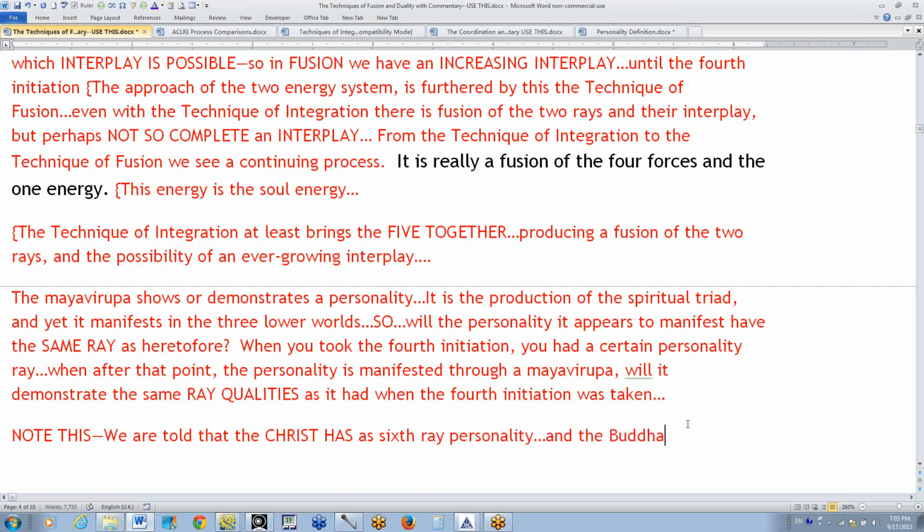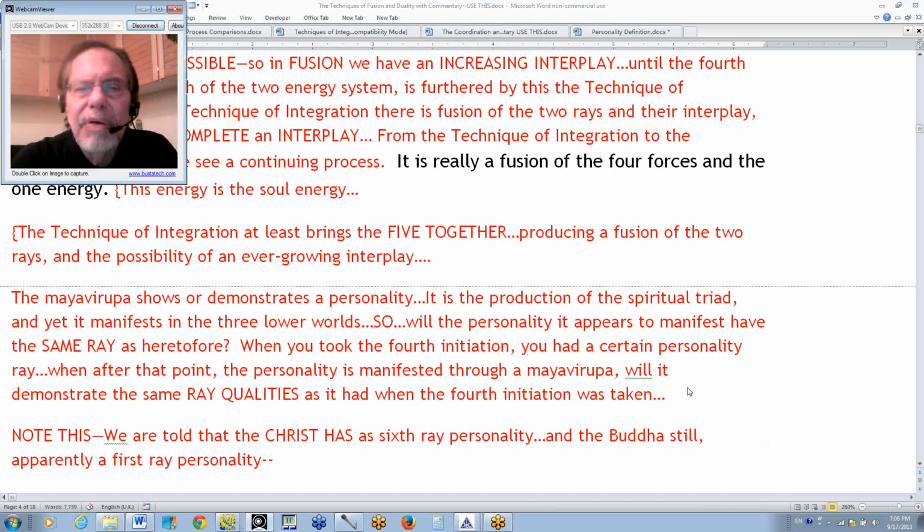And the Buddha, still, apparently, a first ray personality. We are told Hercules had a second ray personality, but if the Christ presently has a sixth ray personality, what does that mean? Maybe that when there is this Maya Varupa created, which in a way perhaps replicates the personality vehicle that he had at a certain point in his development, it has a ray quality.